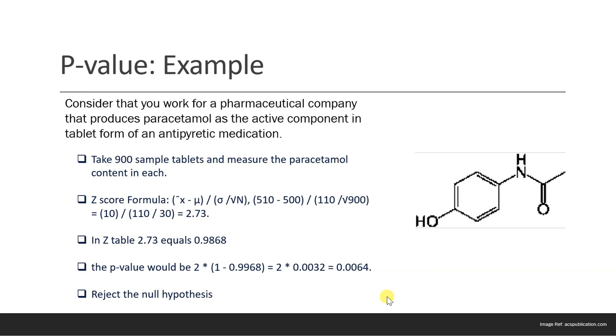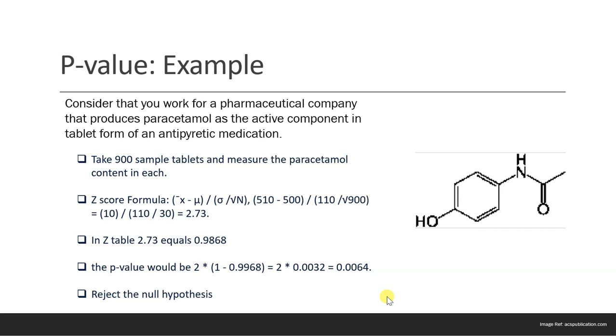So your task is to take a few samples, measure the amount of paracetamol in them, and then test the hypothesis that the manufacturing process is running successfully, that is, the paracetamol content is within the regulatory defined parameters, that is 500 mg.